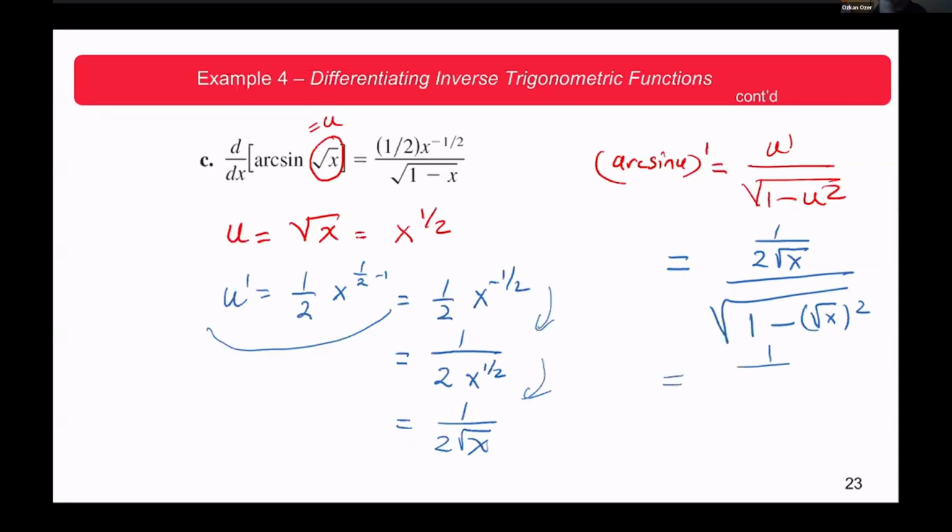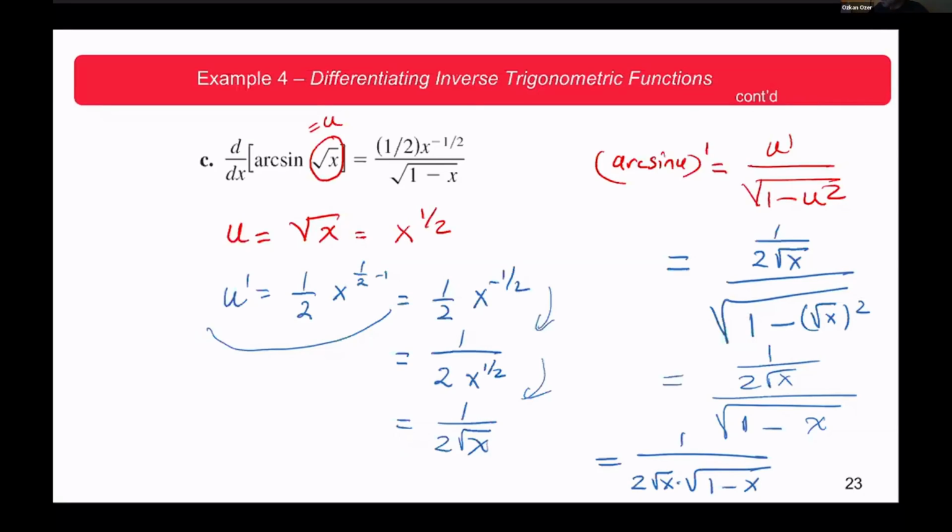First, the bottom: you have radical x, and you take the square of that, that's just x. Then 1 over 2 radical x divided by radical 1 minus x is 1 over 2 radical x times what? Radical 1 minus x.